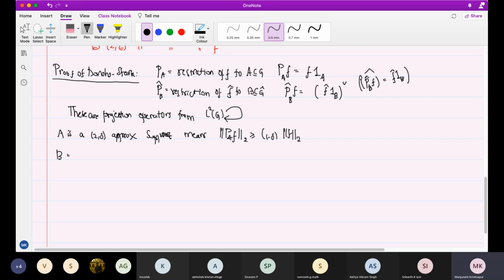And similarly, B is a 2 epsilon approximate support means the L2 norm of P_B hat f is greater than or equal to 1 minus epsilon times the L2 norm of f.